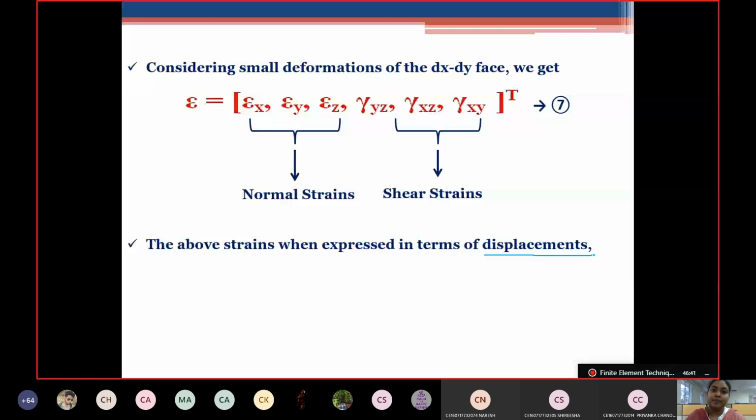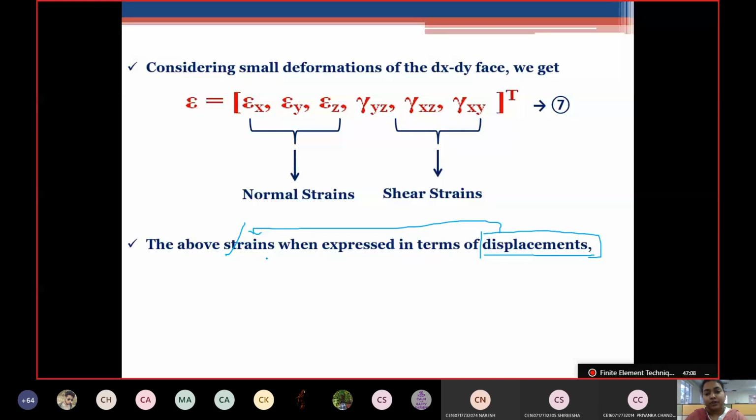When we express them in the basic unknowns, whatever follows would be easy. If we know the value of displacement, maybe through an experiment or a given value, because we will know the relation between displacement and strain, I can get the value of strain.